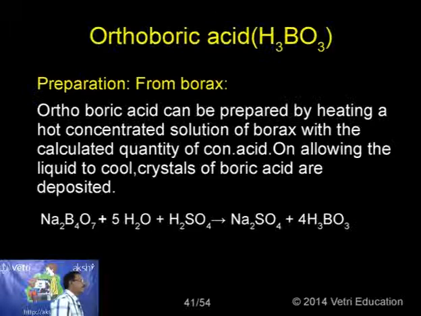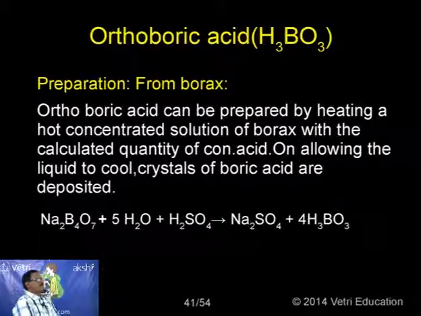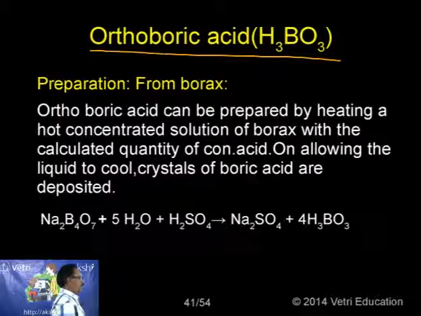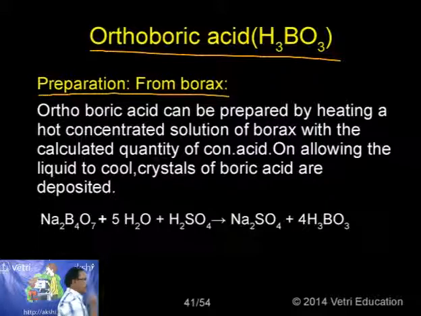Now, the next compound is the most important, orthoboric acid, H3BO3. Let me discuss the preparation, properties and important uses of orthoboric acid. Preparation: we can prepare it from borax.